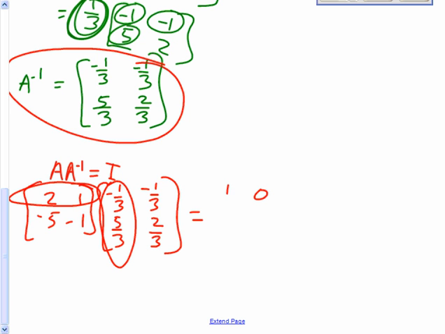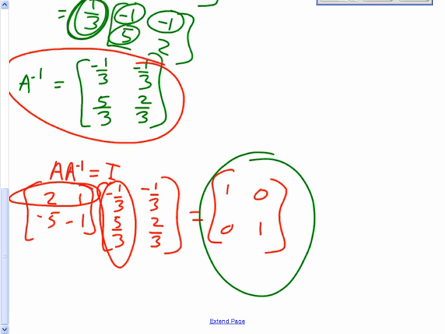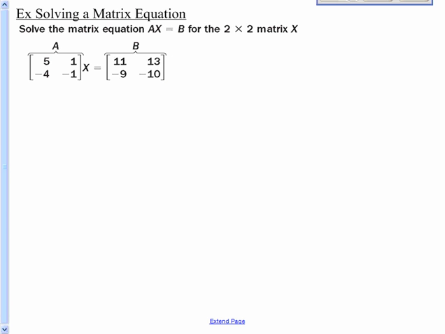Anyways, what it spit out is 1, 0, 0, 1. It's kind of like 3 times 1/3 gives me 1. Remember, the equivalent of 1 is 1, 0, 0, 1 for a 2 by 2 matrix. So that's how you find an inverse.